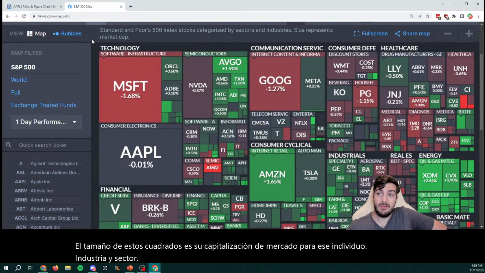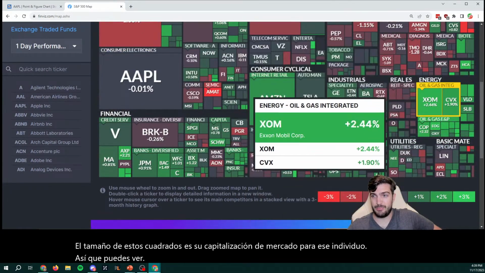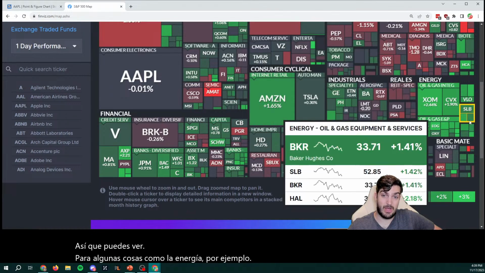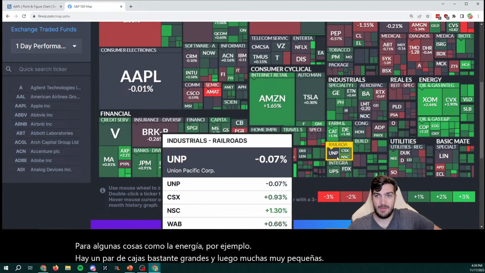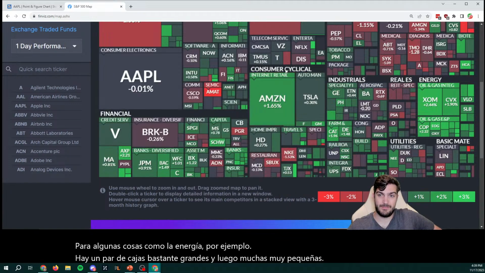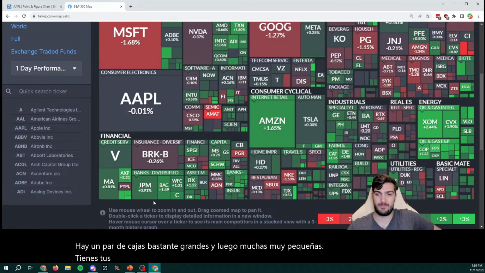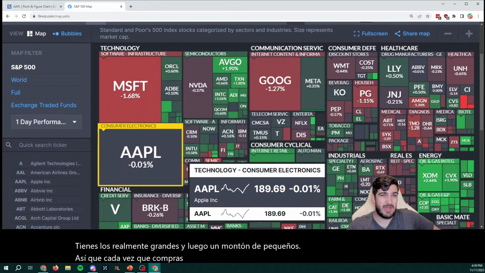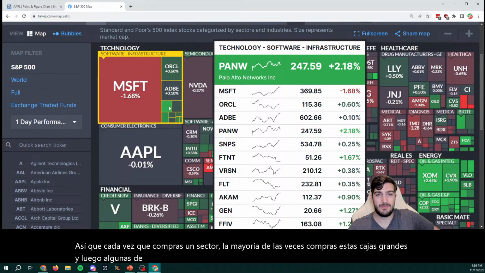So you can see for some things like energy, for example, there are a couple pretty big boxes and then a lot of really small ones. Consumer cyclical. You got your really big ones and then a bunch of small ones. So whenever you're buying a sector, you're mostly buying these big boxes and then some of the little guys in there too.